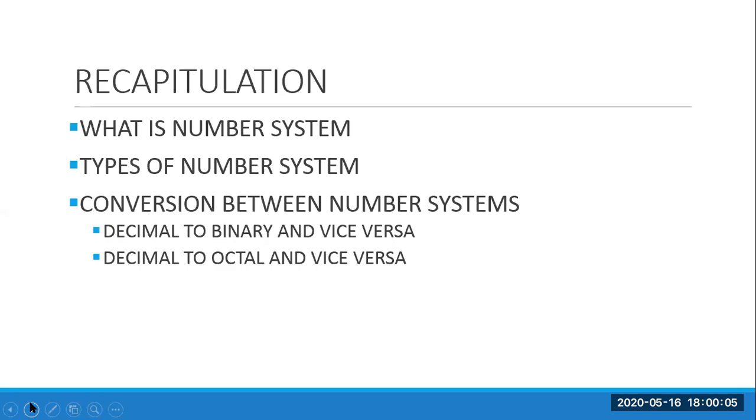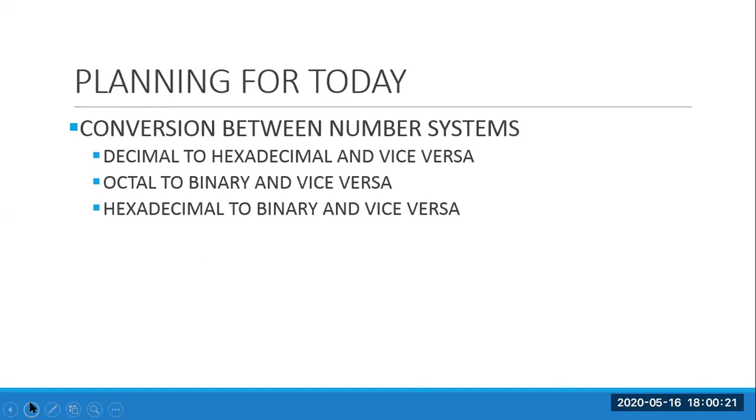We also talked about how to convert decimal numbers into octal numbers and vice versa. Today, we'll be further talking about how we will convert decimal numbers to hexadecimal numbers.